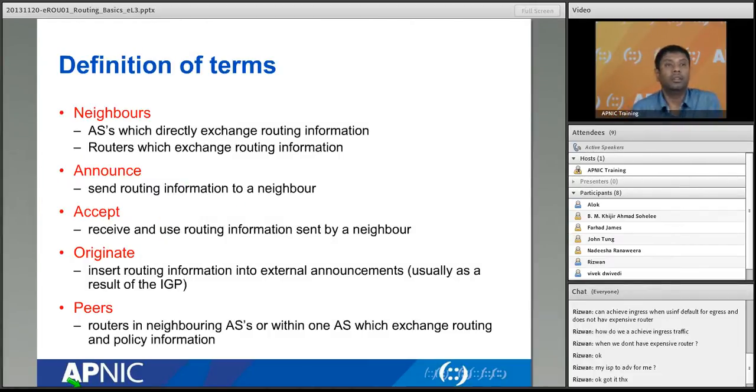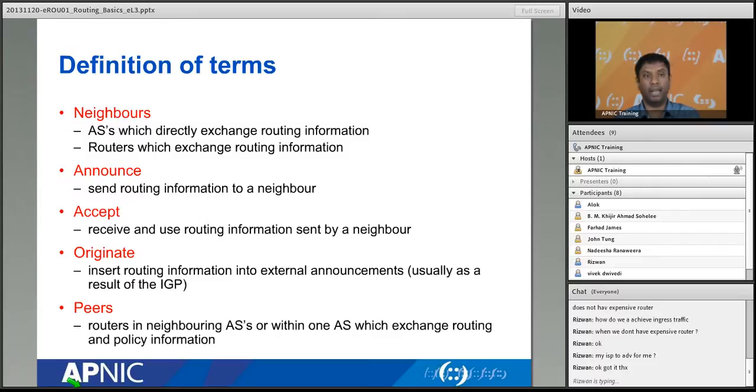All right, some definitions. Neighbor. What is a neighbor? The definition of neighbor you can consider from a bigger point of view, or from a router point of view, or from an AS point of view. Say for example, if AS10 is connected to AS20, and then AS20 is connected to AS30, then AS10 and AS20 are considered neighbor AS, right?